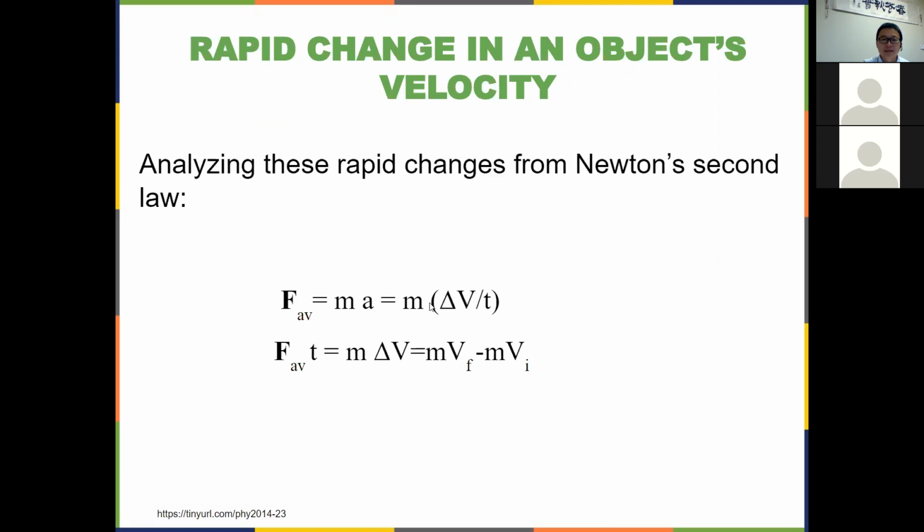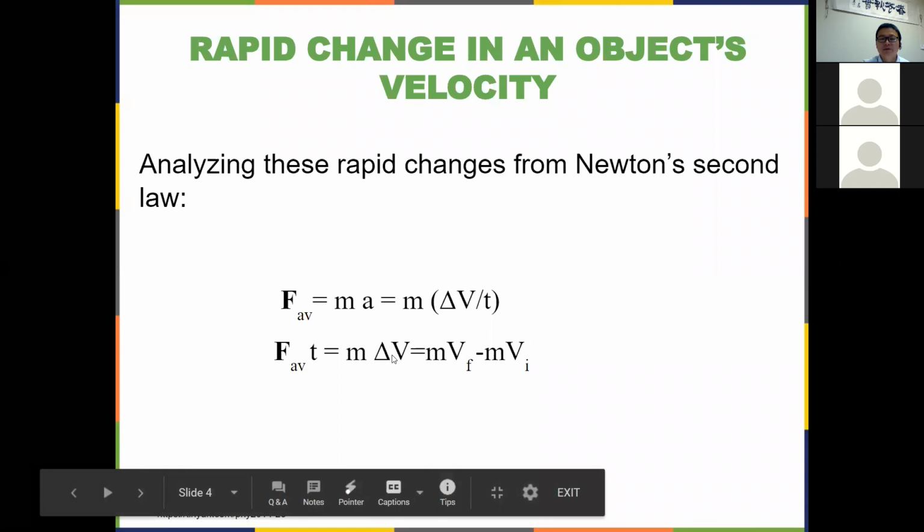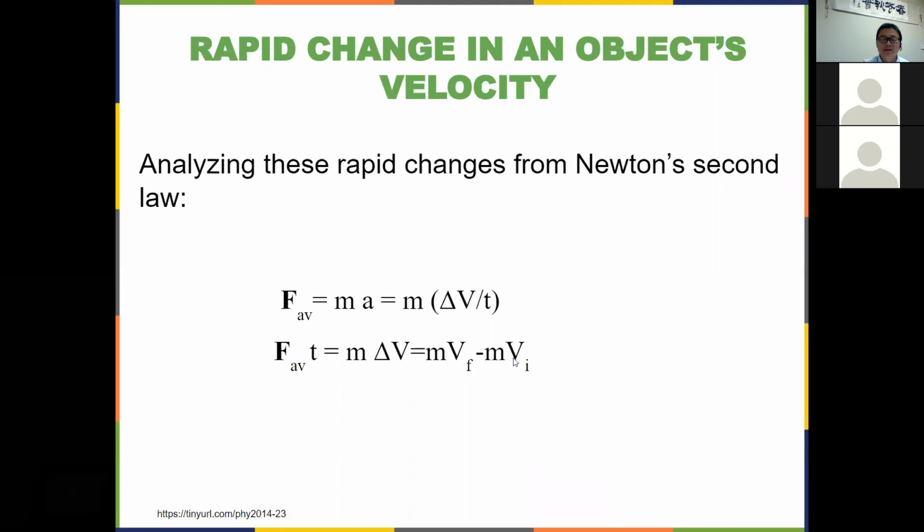So the force received is equal to mass times delta v over delta t. Now, if you multiply both sides by t, you get F average times t equals m times delta v, where delta v means final velocity minus initial velocity. So you end up with this expression: F average times t is equal to m times v final minus m times v initial.